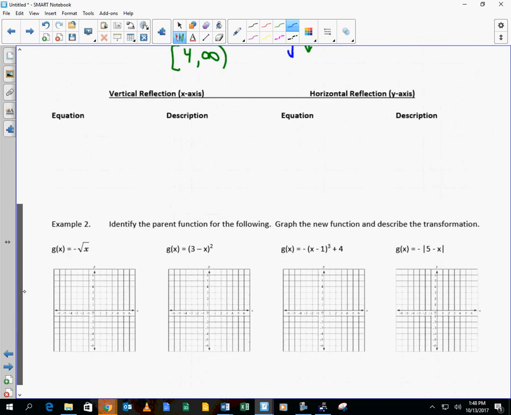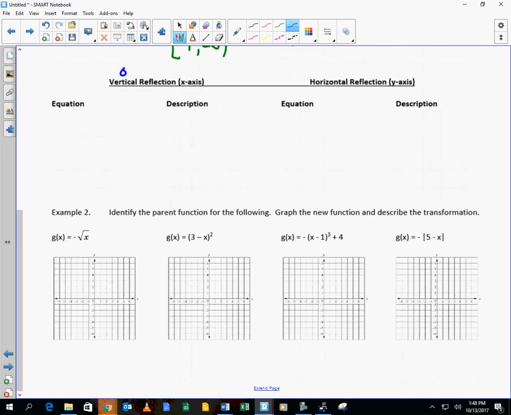Last piece, vertical reflection. These will be on the outside. Horizontal reflection will be on the inside. So f of x will become negative g of x. See how the negative sits on the outside? If that creates a vertical flip, is that over the x-axis or y-axis?